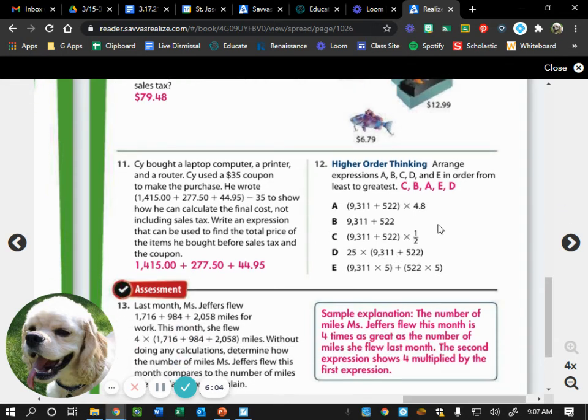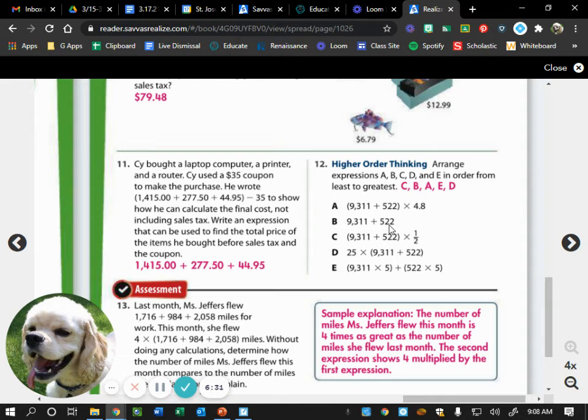Number 12 said, arrange the expressions A, B, C, D, and E in order from least to greatest. So our smallest one would be C, because we are multiplying by a number that's less than 1. Our second smallest would be B, because it's just 9,311 plus 52, and we're not doing anything else to it.